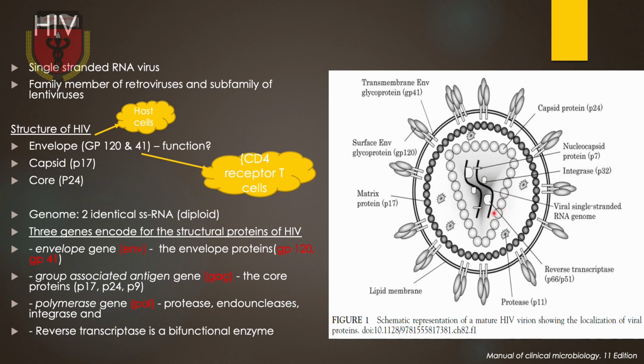So this is the single-stranded RNA, and there are additional proteins, additional machinery in the virus, like reverse transcriptase. Remember, HIV is an RNA virus, so it requires the reverse transcriptase enzyme to convert the RNA to DNA once the virus gets inside the cell, and then start replicating and integrating its viral RNA into the host nucleic acid.